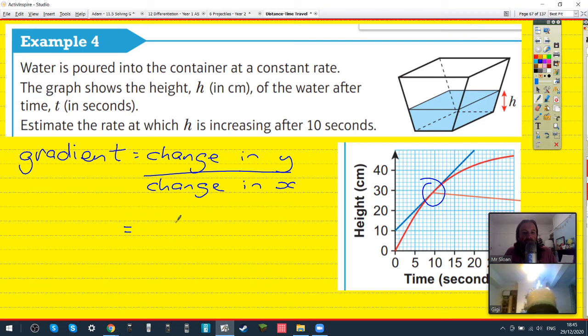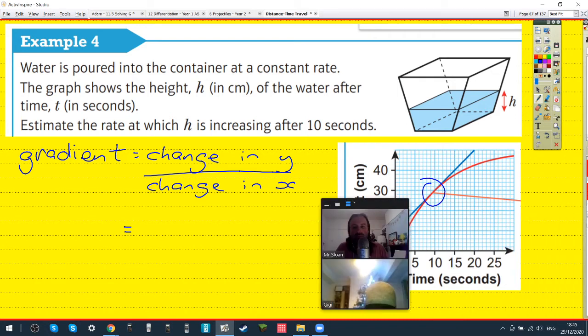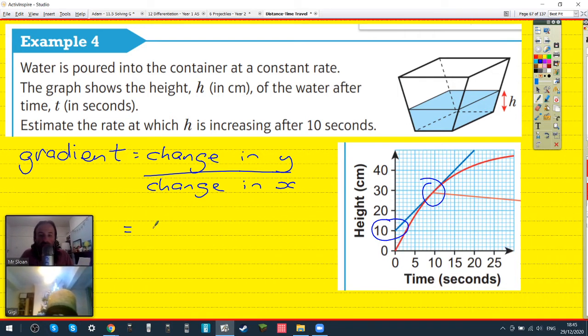That would be if it started from 0, 0. It started up at 10. So would it be 2? Yeah. Unit? 2 centimeters per second. Well done.